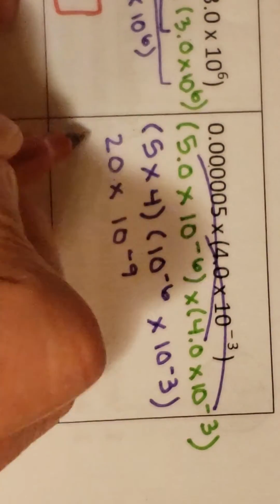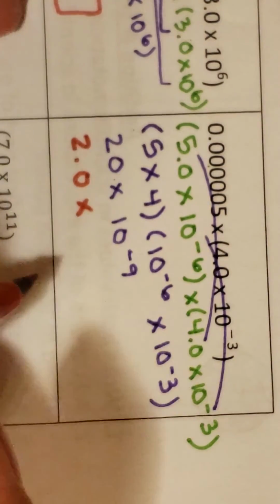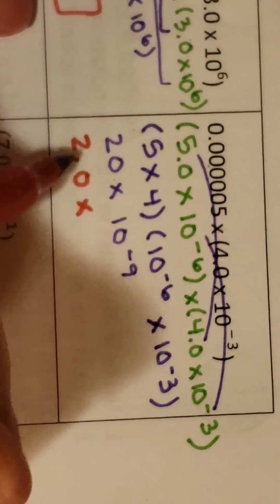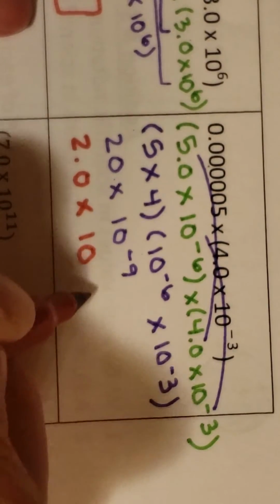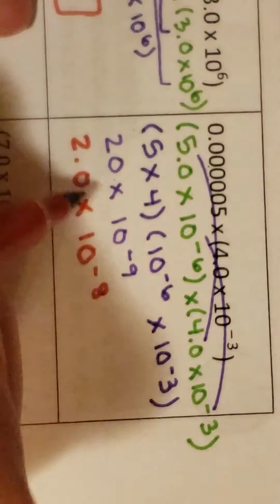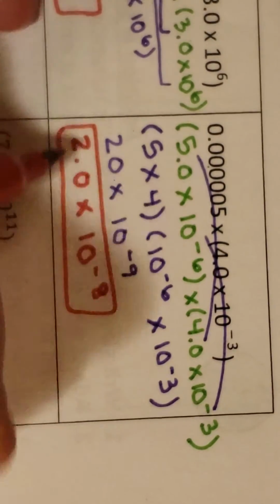Okay, and then it becomes 2.0 times 10 to the, this is a decrease, and what is an increase from negative 9? It's tricky, it's negative, so it's negative 8. Okay, and there we go.